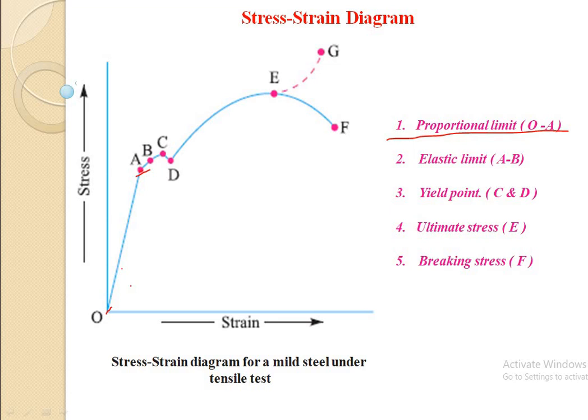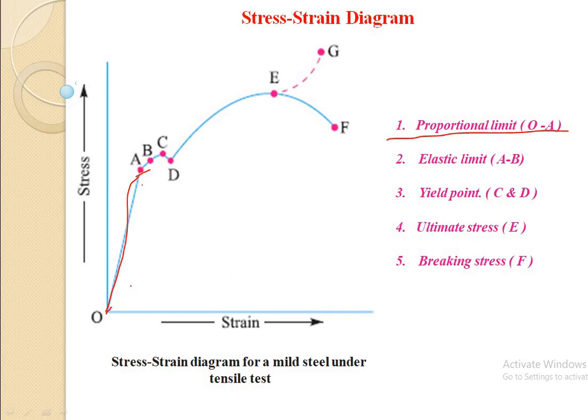We know that stress is load upon cross-sectional area, and strain is change in length to the original length. So up to point A we get a straight line.